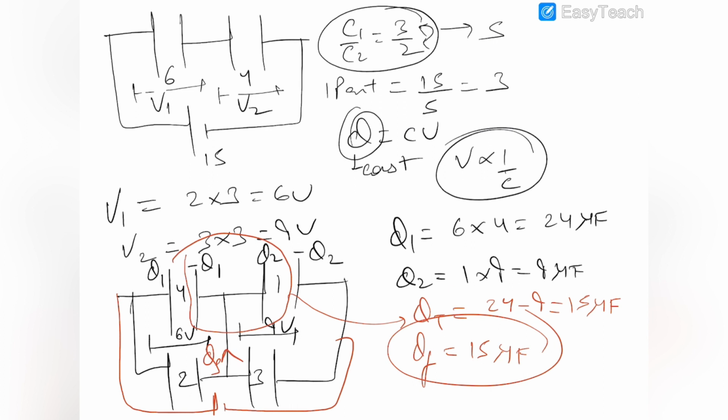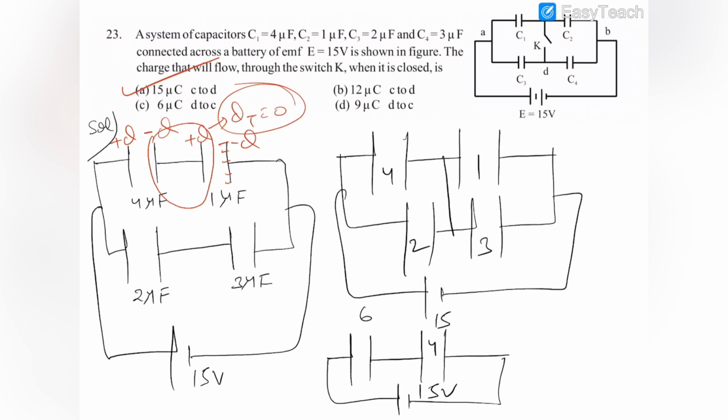So we can write down that the Q total which has flown would be minus Q1 plus Q2. So minus Q1 is this and plus Q2 is this. So this is minus Q1 plus Q2 and this is minus 15. So minus 15 is flowing from D to C and therefore 15 is flowing from C to D. So the correct option will be option number A. Now we move on to the next question.